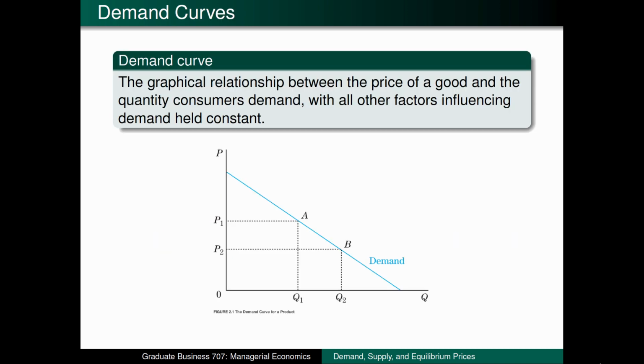We can illustrate the inverse relationship between price and quantity demanded using a downward sloping demand curve. In this two-dimensional graph, price is on the y-axis and quantity demanded is on the x-axis.